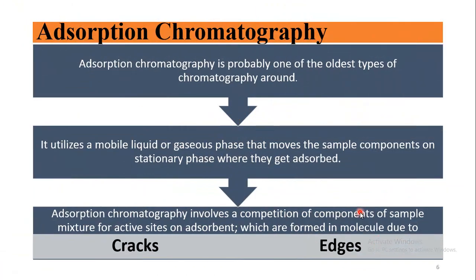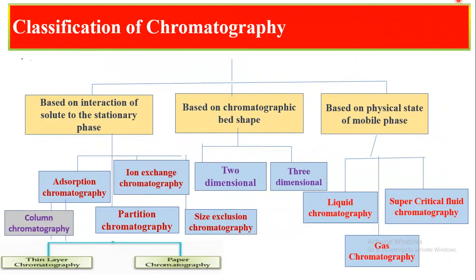This means which type of phase we have selected for the mobile phase. And adsorption chromatography is further divided into column chromatography and thin layer chromatography, and partition chromatography into paper chromatography. Other classifications of chromatography are also used.